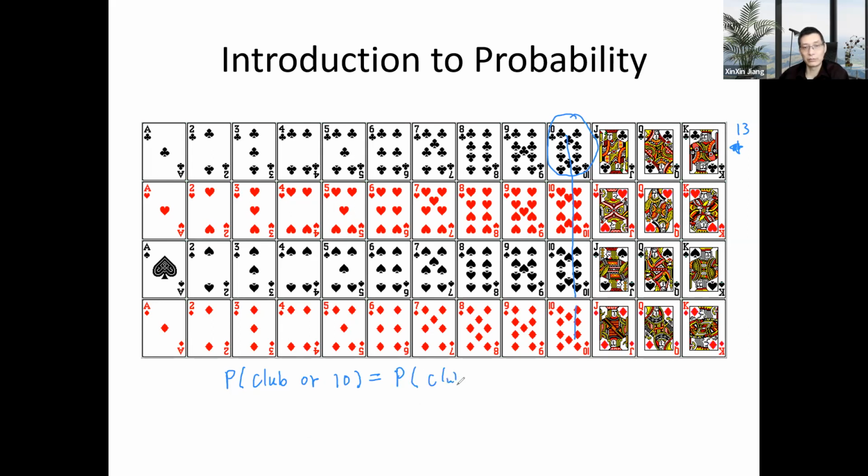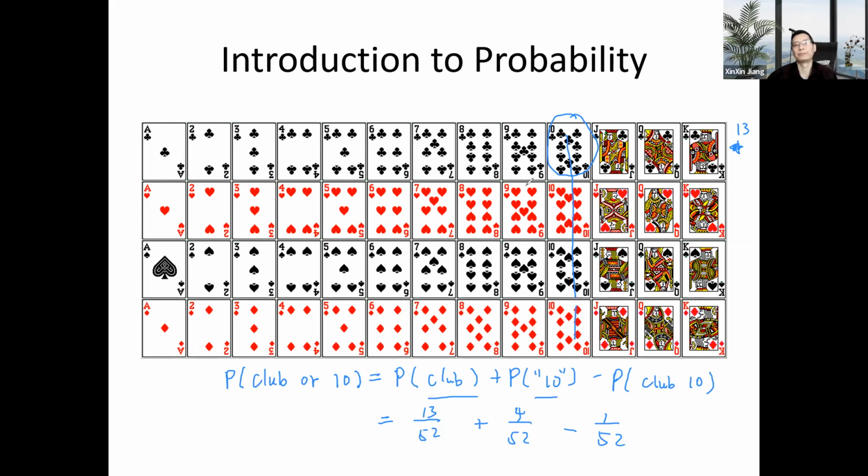It's the probability of a club plus the probability of having a 10 minus the probability of getting a club and 10. Club is 13 out of 52. 10, you have 4 of them. For the moment, we don't exclude anything, but then subtract the double counts.